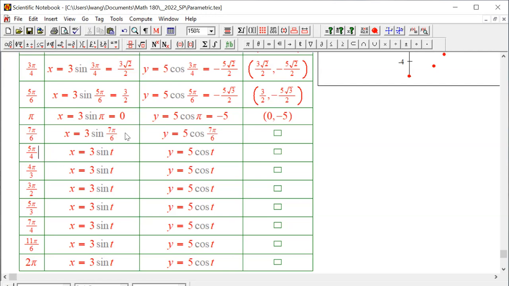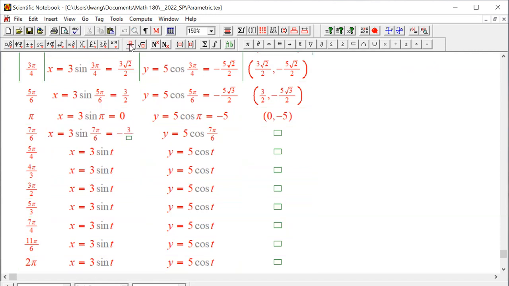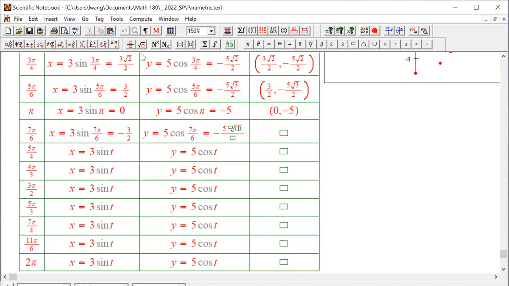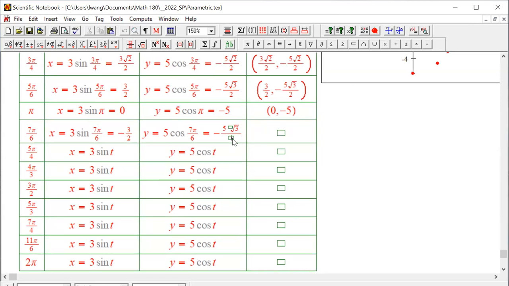Over here, sine 7 pi over 6 is going to be -1/2, so -3/2, and cosine 7 pi over 6 is negative, right? That's going to be √3/2, so 5 times √3/2.